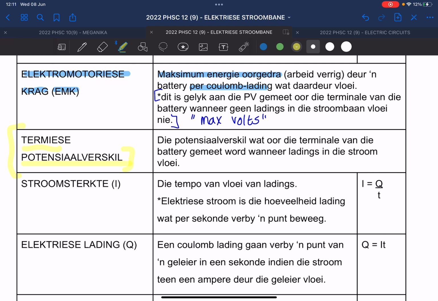They don't ask it that much. What is terminal potential difference? That is the potential difference over the terminals of the battery if there's a charge that flows. So dit is nie jou maximum nie, maar dit is jou the rest of your volts. So dis die toebroodjies wat jy skool toe vat. The sandwiches that you do take home. Ag, not home, to school.